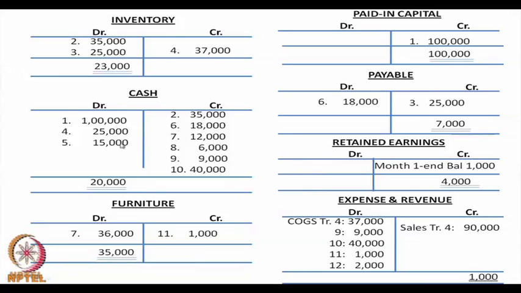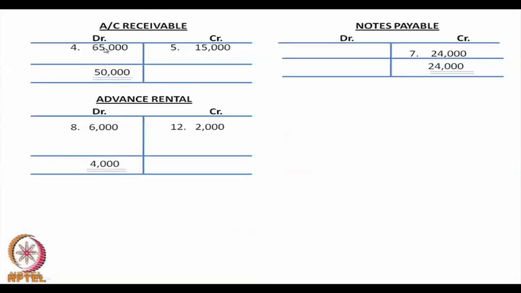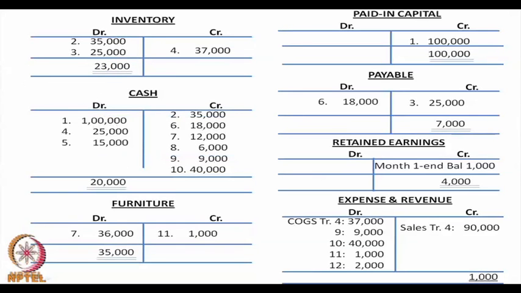So, you see that this 37,000 appearing in the right hand side matches with 37,000 appearing in the debit side, whereas this amount 25,000 cash and 65,000 accounts receivable match with 90,000 sales. These are the entries. So, how many entries?